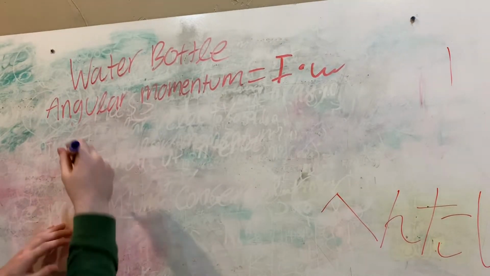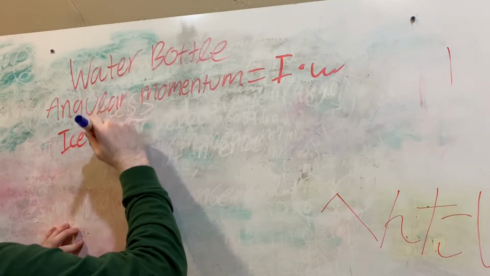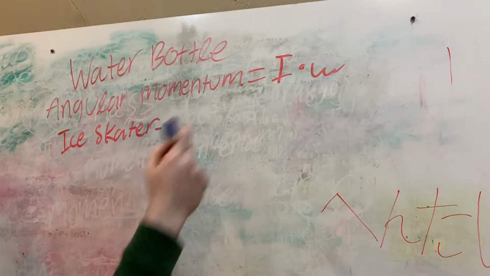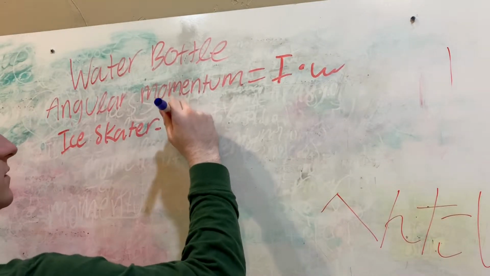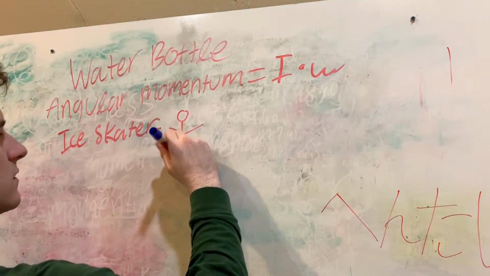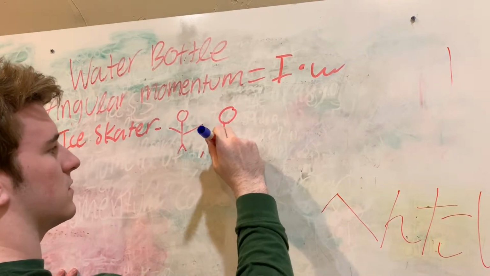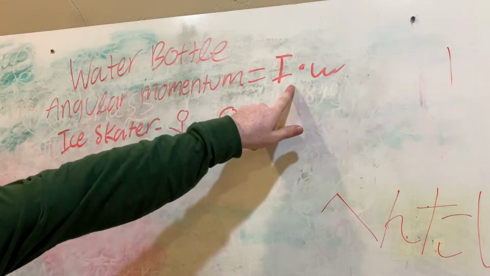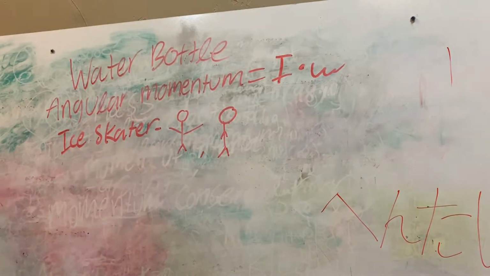An example of this would be the ice skater. Whenever an ice skater has their arms out wide, rather than close to them, their moment of inertia will be higher.